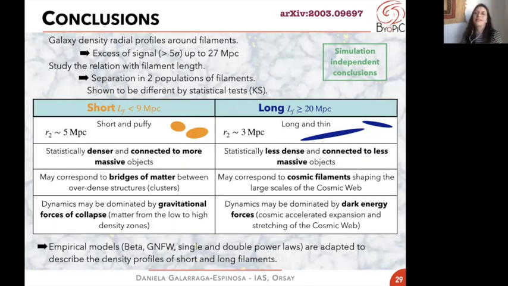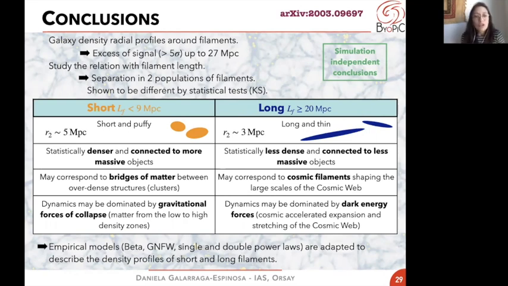And yes, that's the end. So to conclude, yes, we computed galaxy density profiles, and we studied the relation of this density with the filament length. And basically, we found that we were mixing two different populations, the long and the short.